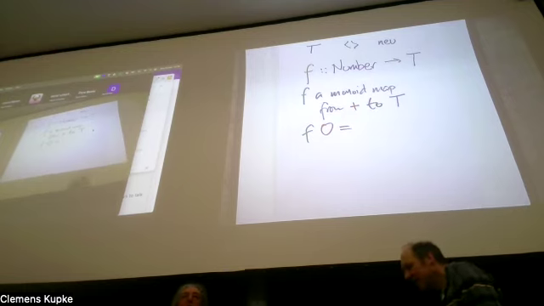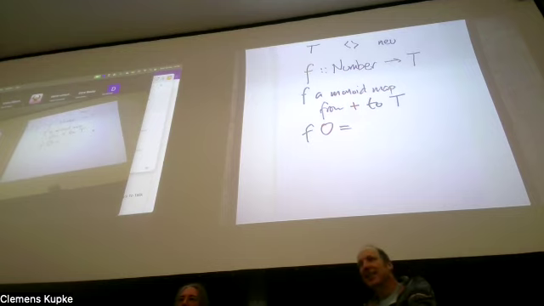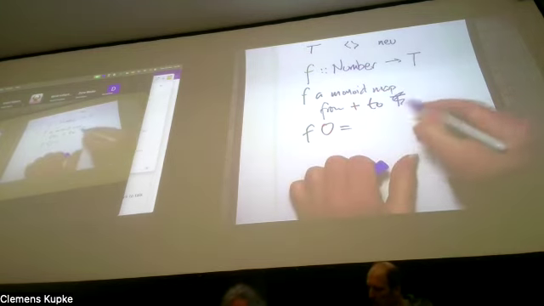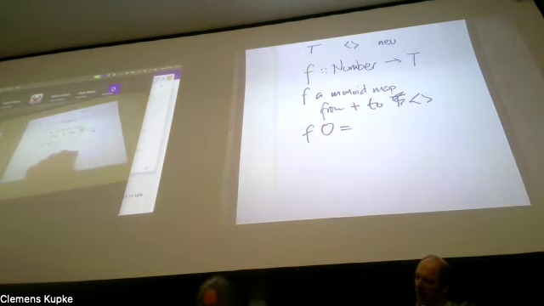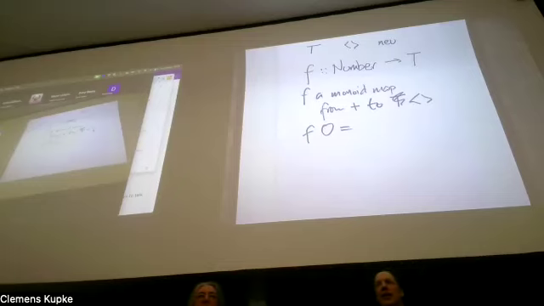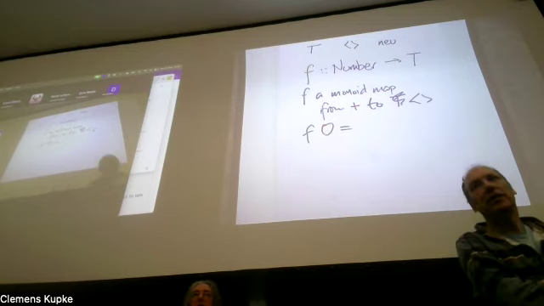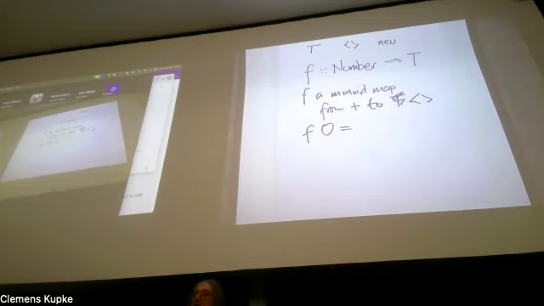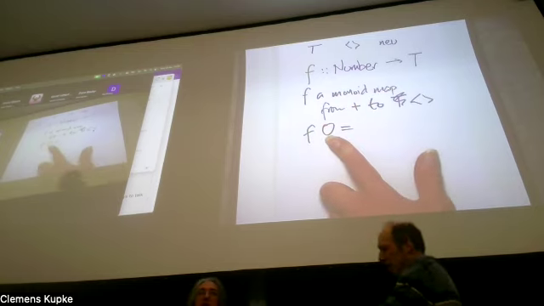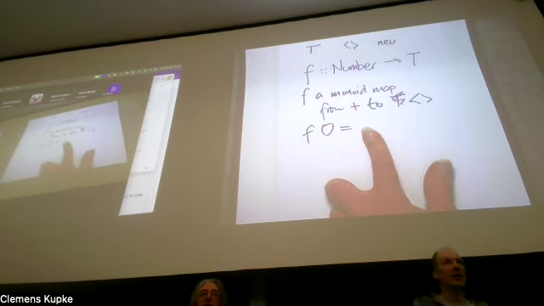Okay, so you know that f is supposed to be a monoid map from plus to this combine operation. What are we going to send 0 to? Do we have a choice? If we want a monoid map, we have to send the neutral element of plus to the neutral element of the monoid we're going to.